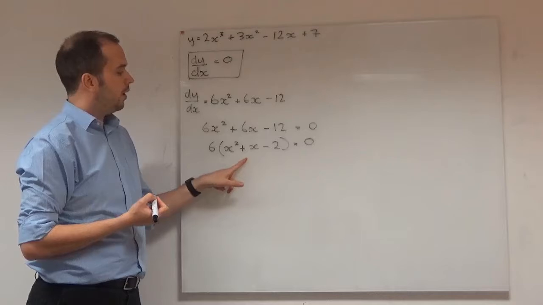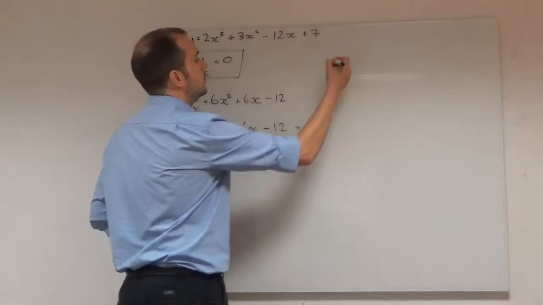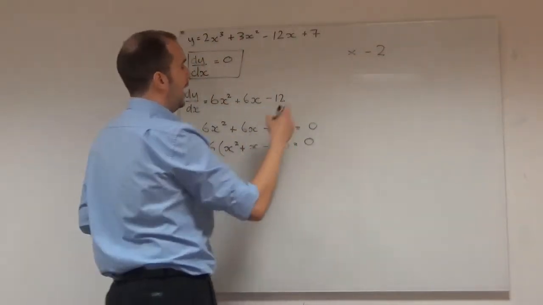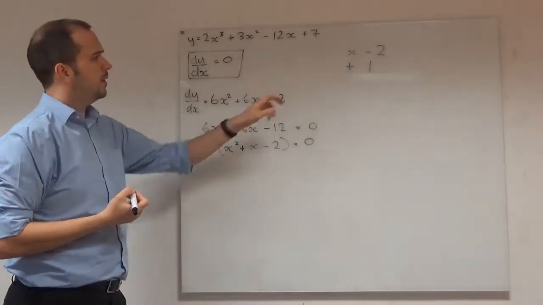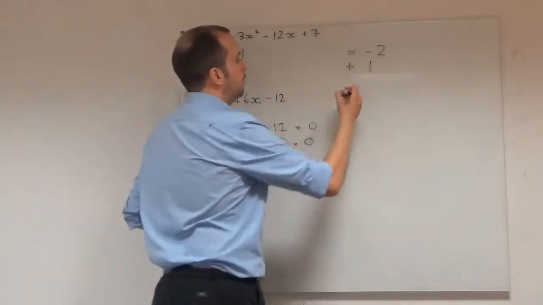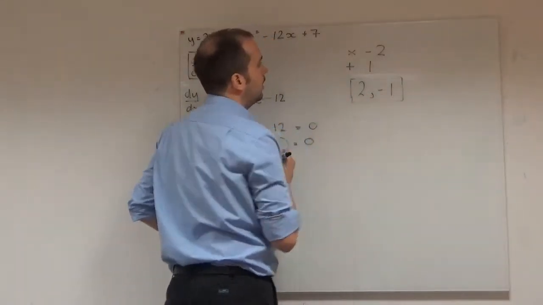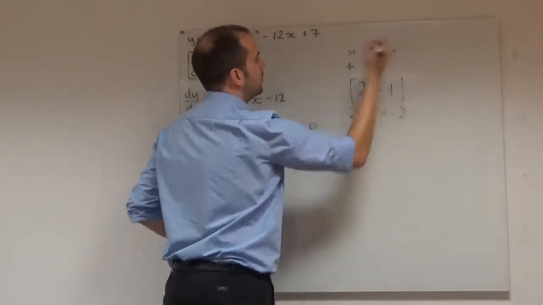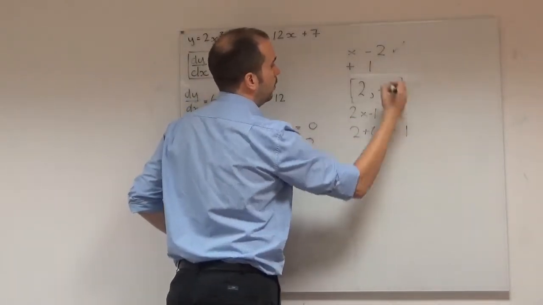To factorise a quadratic, we're looking for 2 numbers that multiply to give us minus 2 and add to give us the coefficient of x, so that's 1. Well, that would be 2 and minus 1, because 2 times minus 1 is minus 2, and 2 plus minus 1 gives us 1.